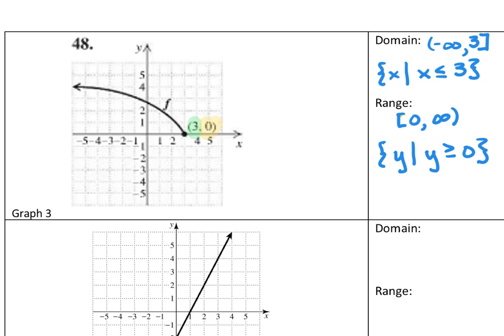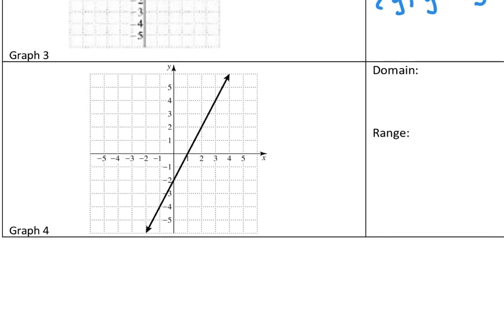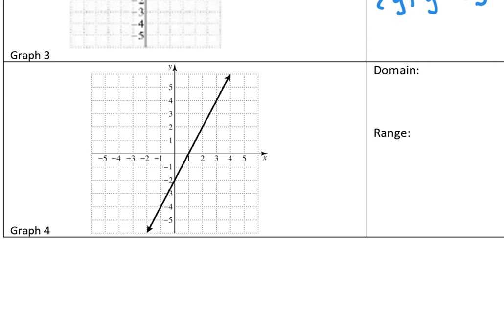We got one more to look at. If we come down to graph 4, we have basically a linear function. This one's going to be pretty easy. I'm not going to do set notation, I'm just going to do interval notation. We want to know how far to the left this goes. We notice that our arrow is going to the left. Remember that these arrows go 2 directions.